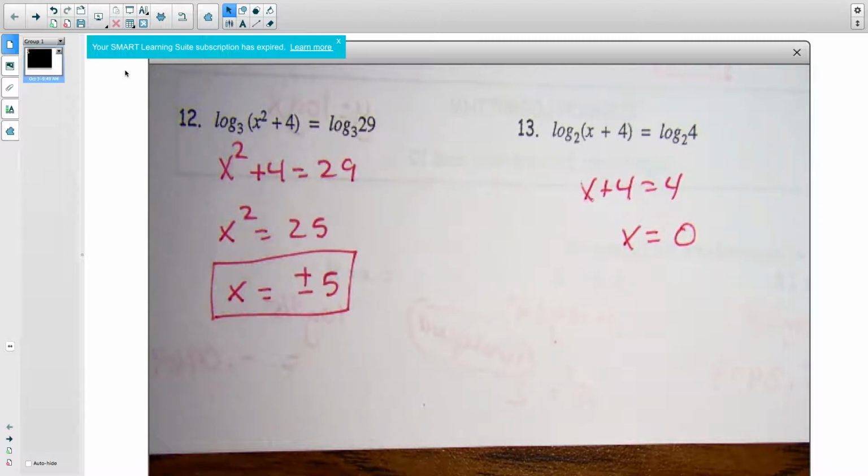Will it always be this? Will it get more complex? I think they're all easy. To me, I think it's fairly easy.